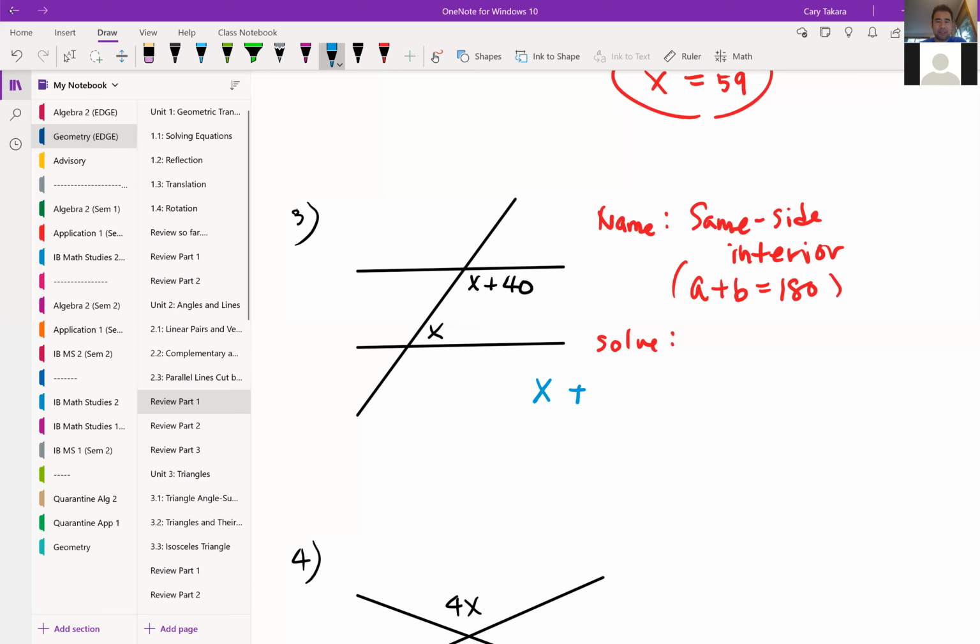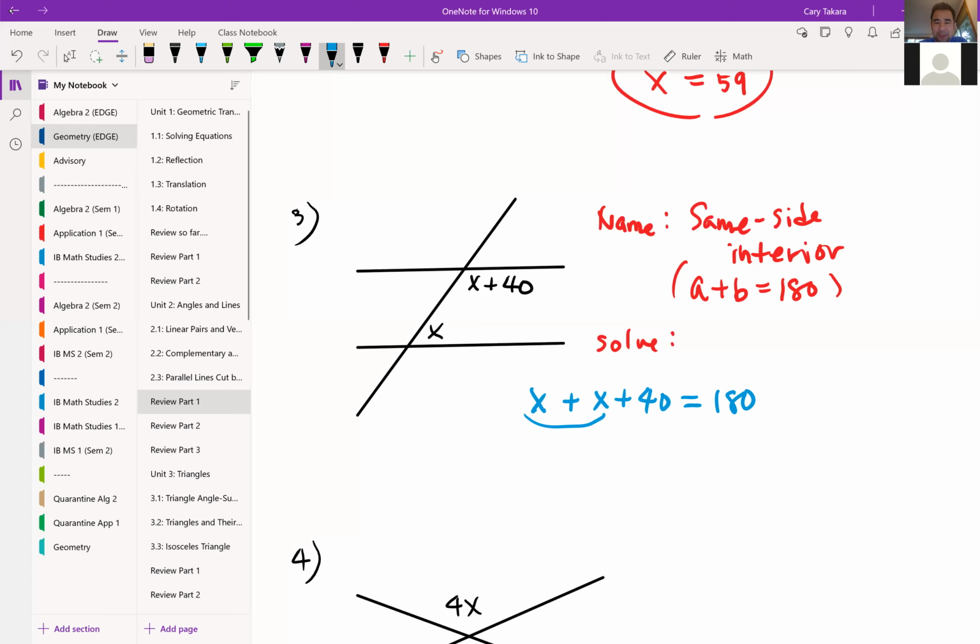x plus x plus 40. They are all equal to 180. Now this time, x and x are on the same side of the equal sign, right? They're not far apart between the equal sign. They're on the same team.